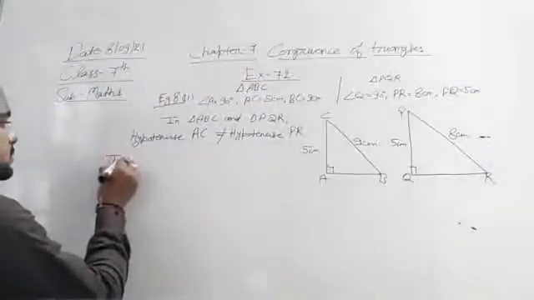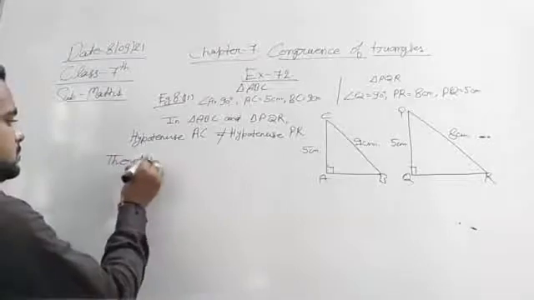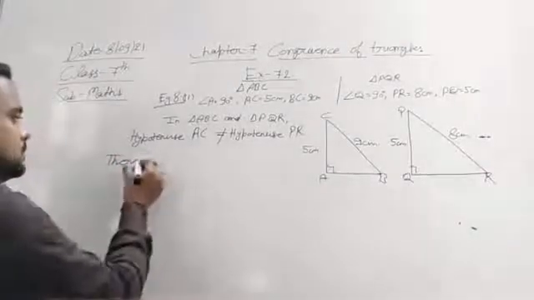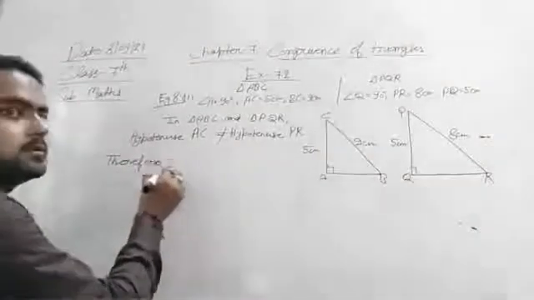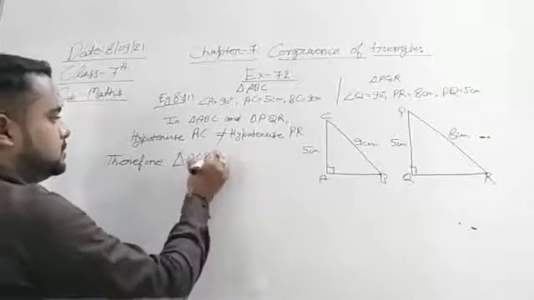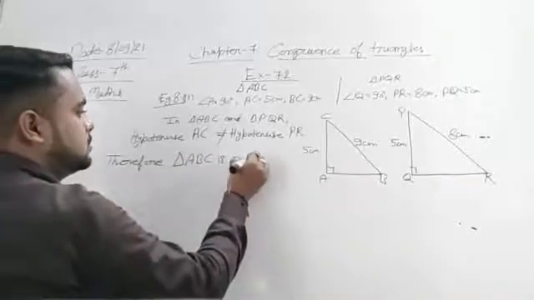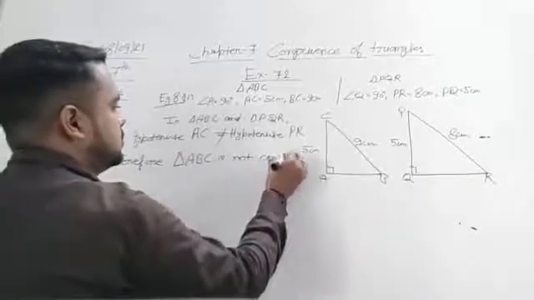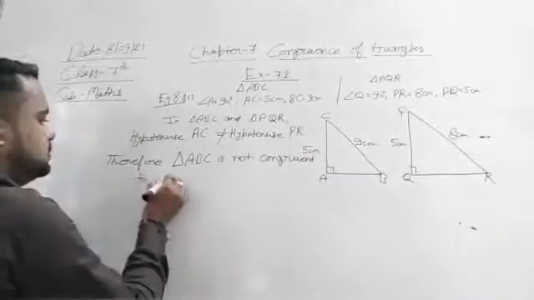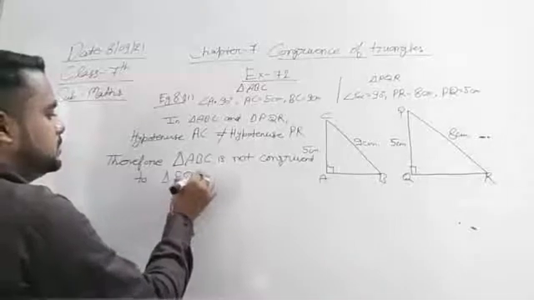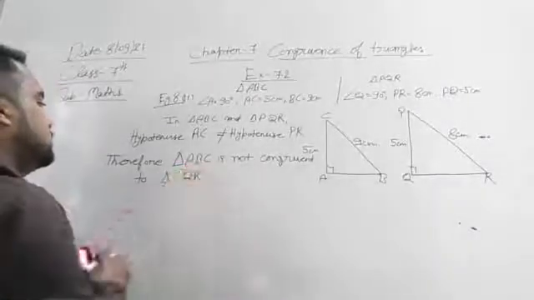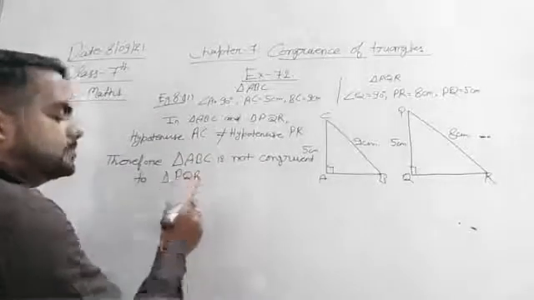Therefore, triangle ABC is not congruent to triangle PQR because the hypotenuses of these two triangles are not equal to each other.